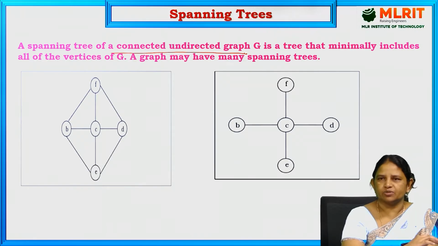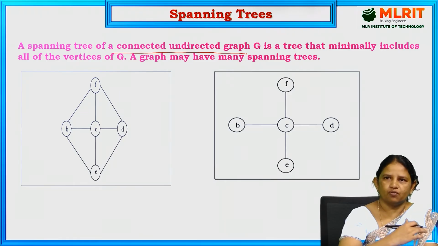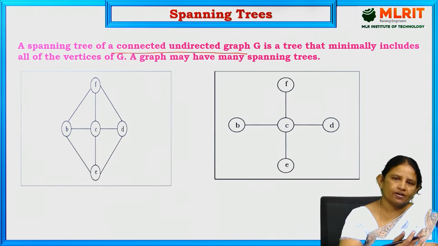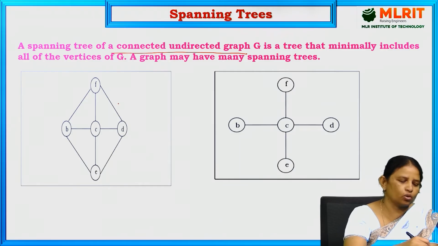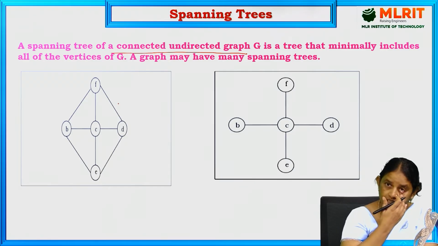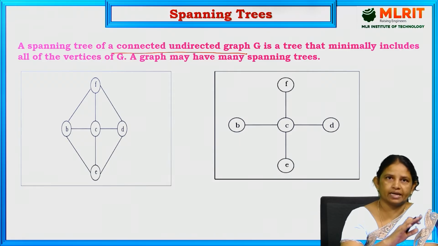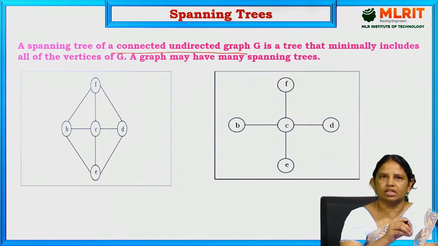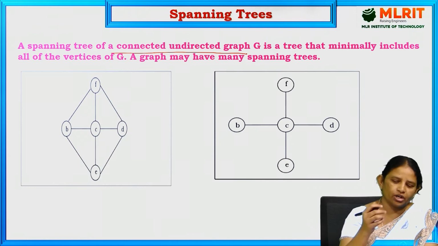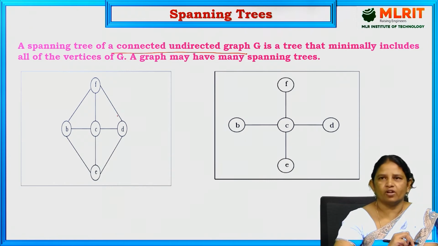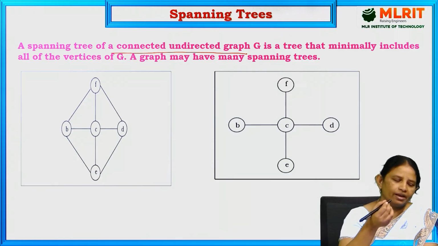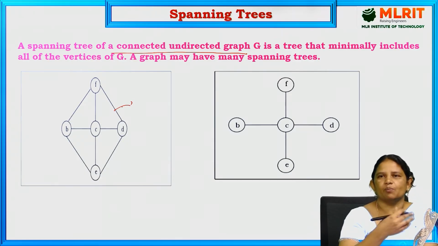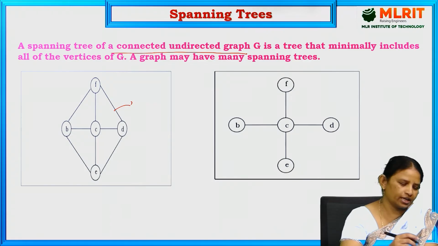What is the difference between a tree and a graph? A tree has no closed path, but a closed path is present in a graph. In a spanning tree, we should not include all the edges, only a minimal number of edges. From one graph we can draw any number of spanning trees.